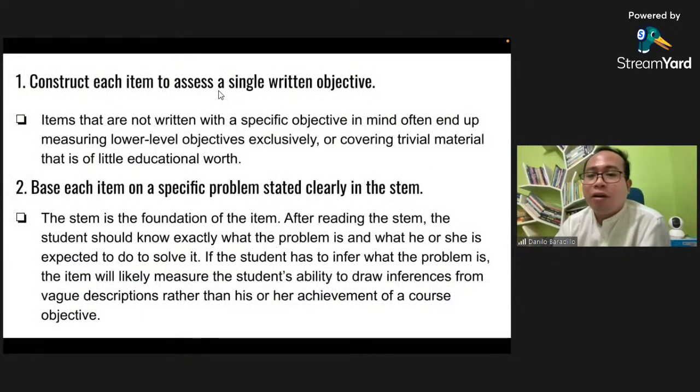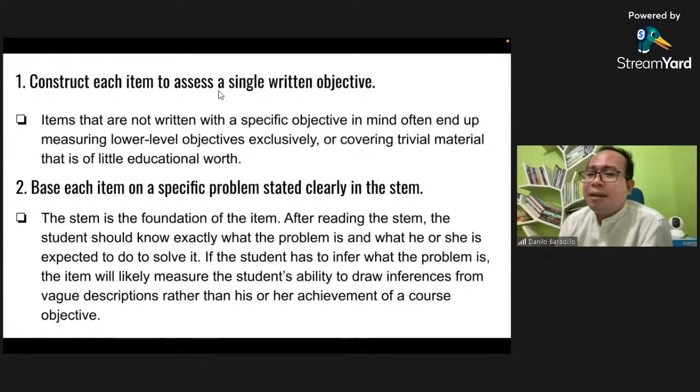Number one, construct each item to assess a single written objective. So items that are not written with a specific objective in mind often end up measuring lower level objectives exclusively or covering trivial material that is of little educational worth.